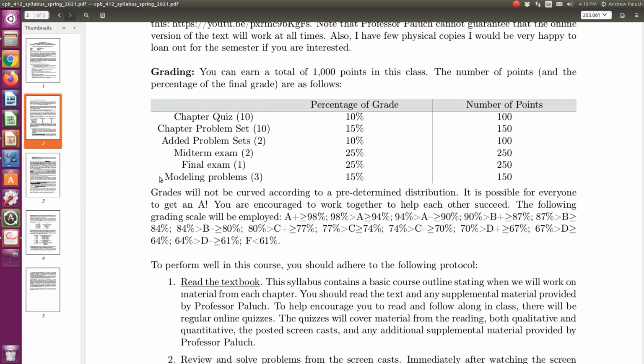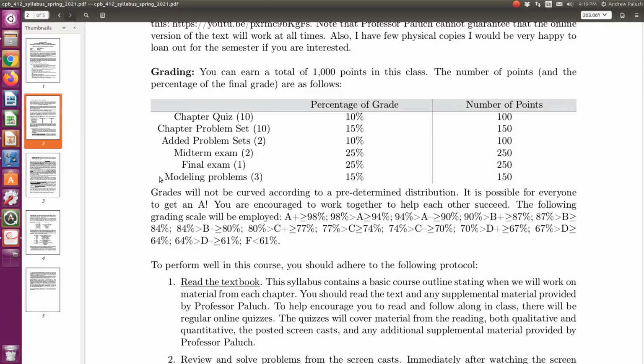Okay, and so the goal of the modeling problems is just to get you to look at real data. And so types of problems we've looked at in the past, and the first one we'll probably definitely do again this semester, is in Chapter 2 we talk about cubic equations of state. And so it's great to read about them. It's great to apply them to simple problems.